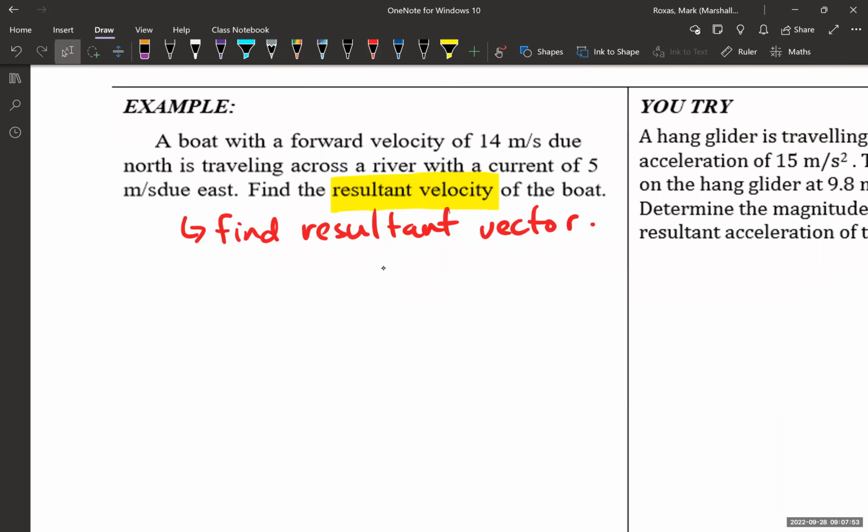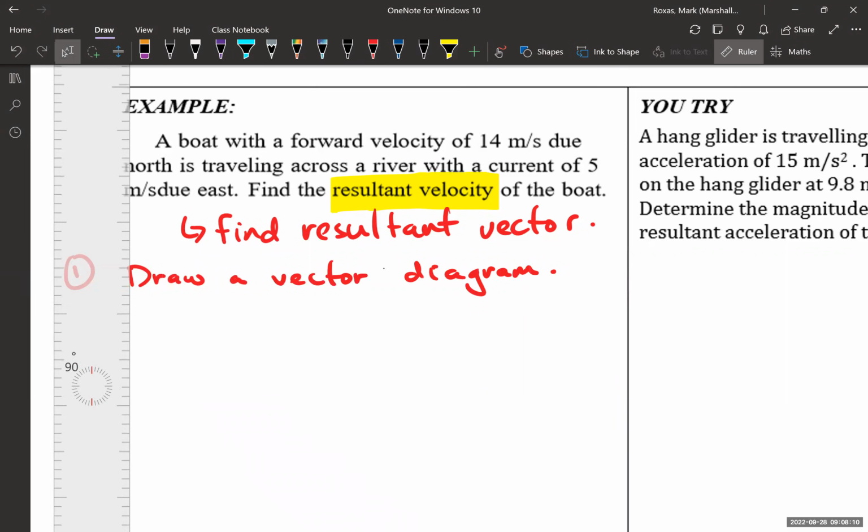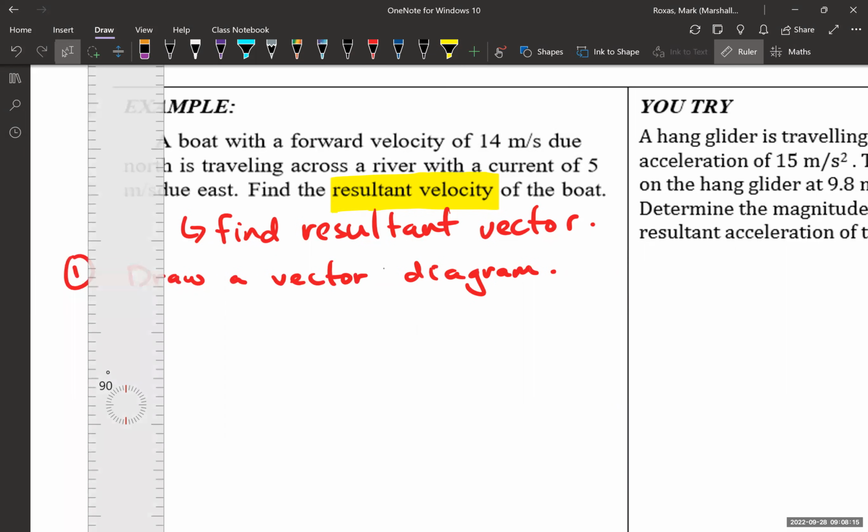Okay. So the first step in doing any of these problems when you're adding two vectors is draw a vector diagram. So I have to create vectors out of these different parts of the example. I have a boat going north, so I'm going to draw an arrow pointing north.